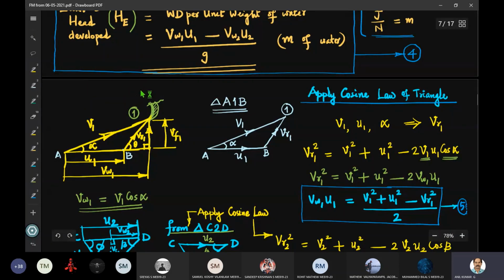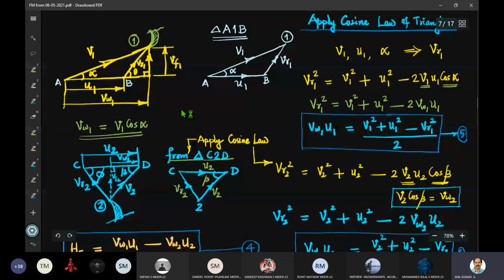So in terms of V1, V2, U1, U2, VR1, VR2, what could this expression be equal to? That is our next target. And when you derive it for a turbine, popularly it is known as Euler's turbine head equation. So Euler's head equation for the turbine.